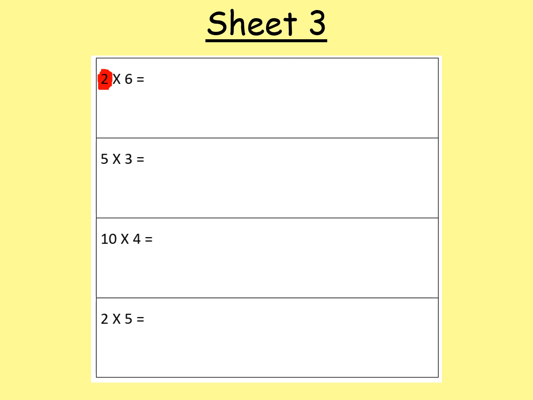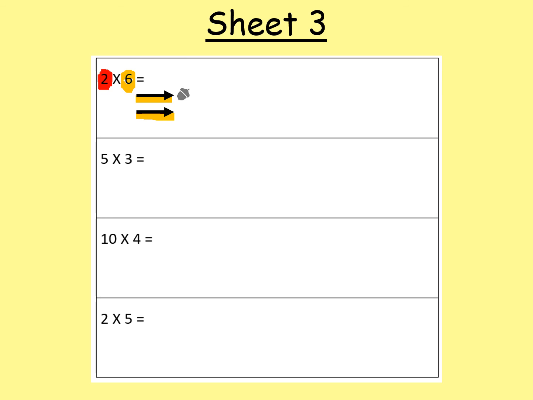We're going to have 2 rows, 2 groups. So there's our first row and our second row. But what does the 6 mean? We've got 2 groups of 6, so we need to put 6 in each group.